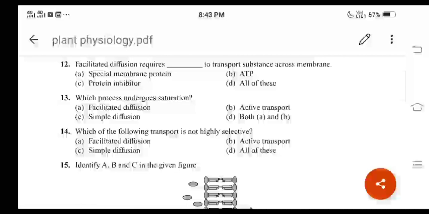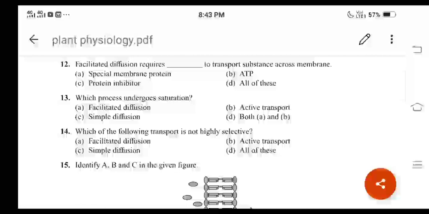Facilitated diffusion requires the special membrane proteins, and we also call them the transport proteins or the carrier proteins, etc. Option A is the correct answer, not ATP, and not a protein inhibitor. An inhibitor can stop the process, but the process requires special membrane proteins here, right? So option A is the correct answer.